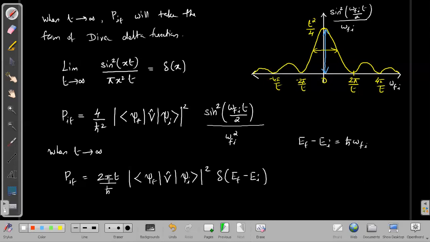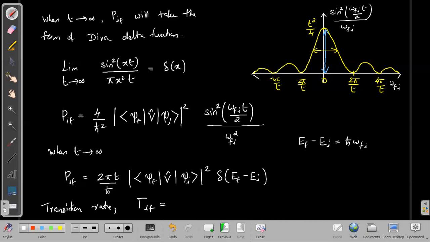So here better we can define the transition rate. The transition rate is the probability divided by the time. The transition rate is usually denoted by the symbol gamma.